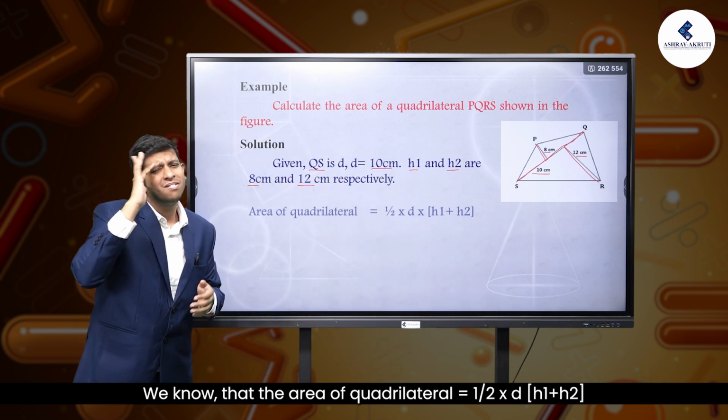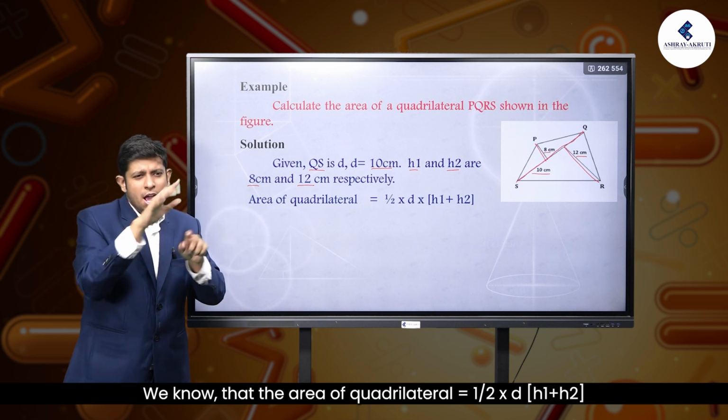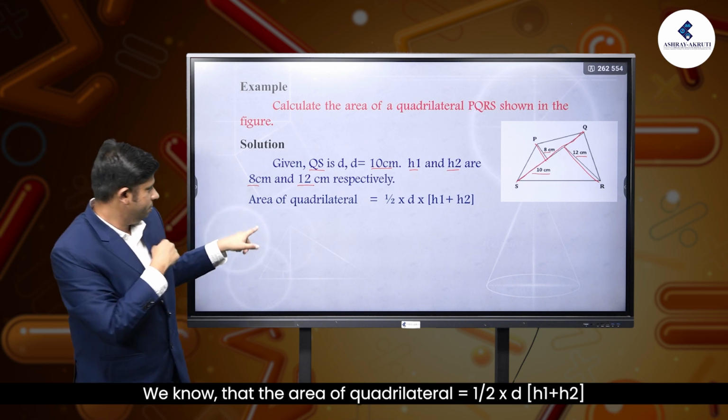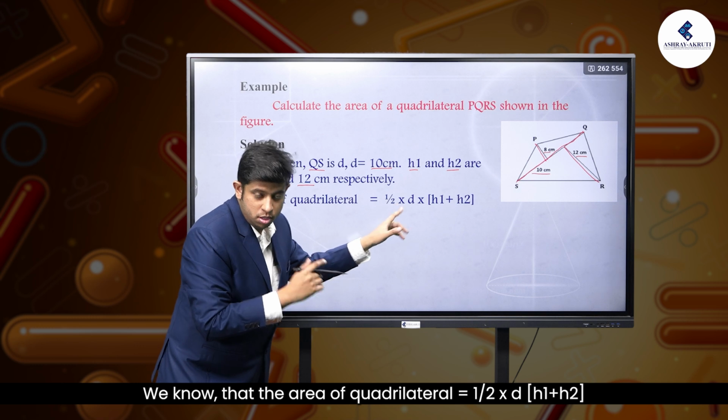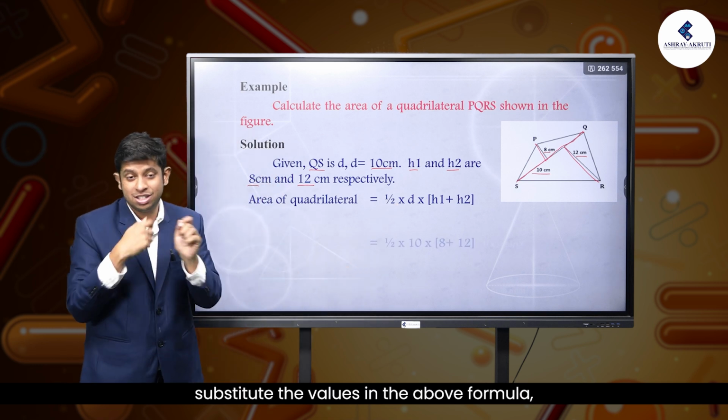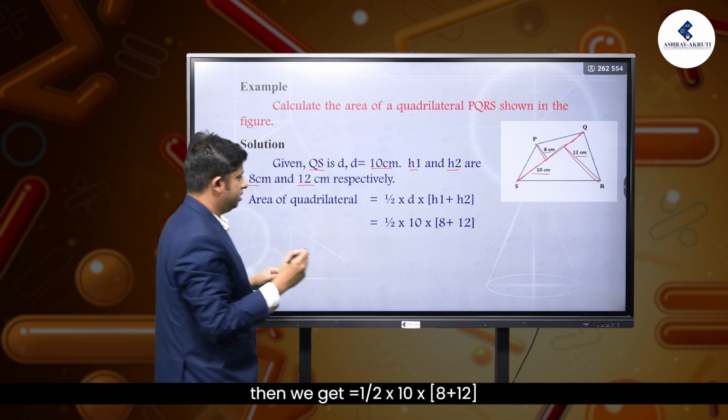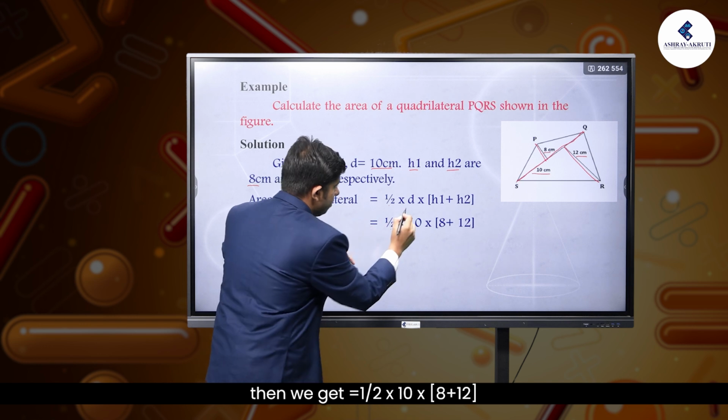We know that the area of quadrilateral is equal to half into d into h1 plus h2. Substitute the values in the above formula. Then we get half into 10 into 8 plus 12.